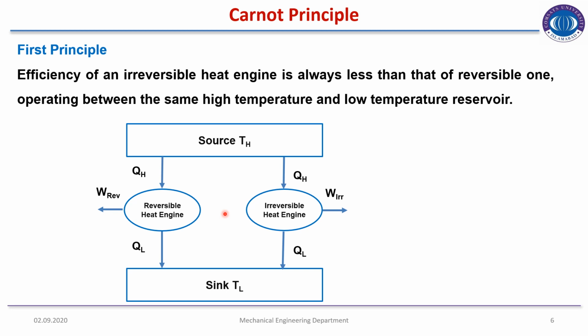On the right hand side you can see an irreversible heat engine. Similarly, the irreversible heat engine is taking QH amount of heat from the high temperature thermal energy reservoir and rejecting QL amount of heat into the low temperature thermal energy reservoir, giving out a net amount of work, that is WIRR, the work output of an irreversible heat engine.